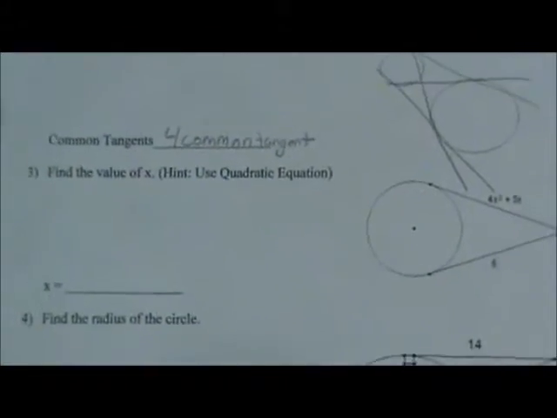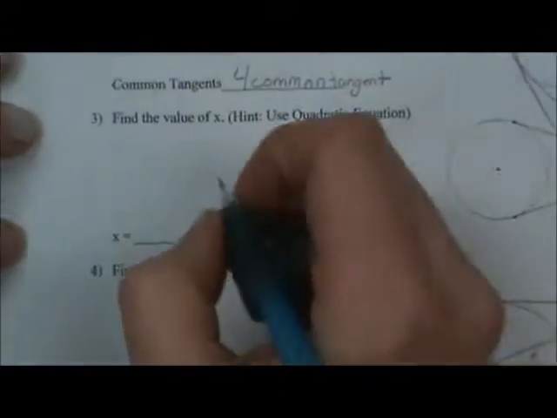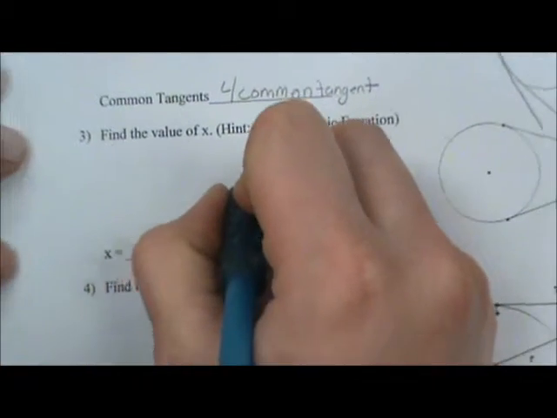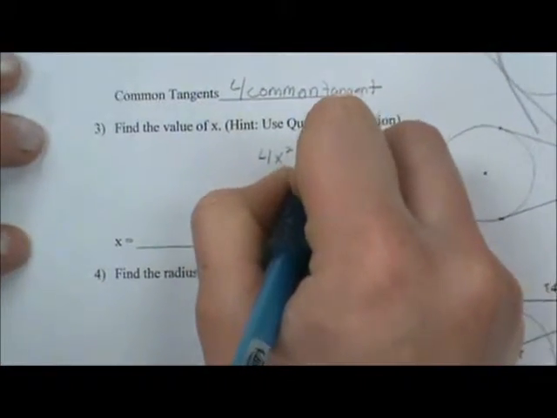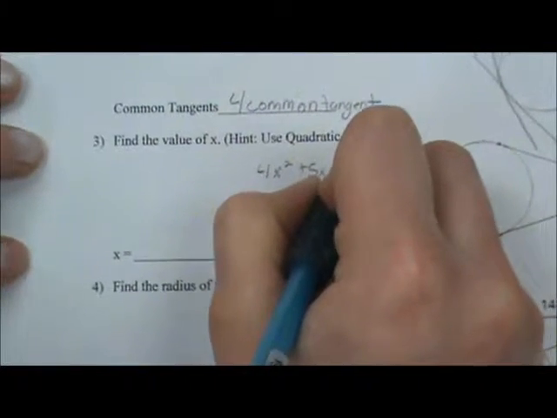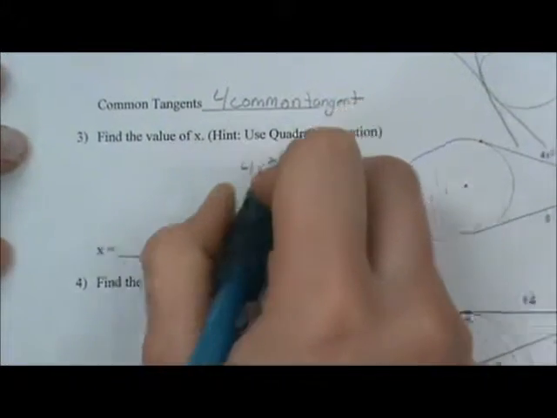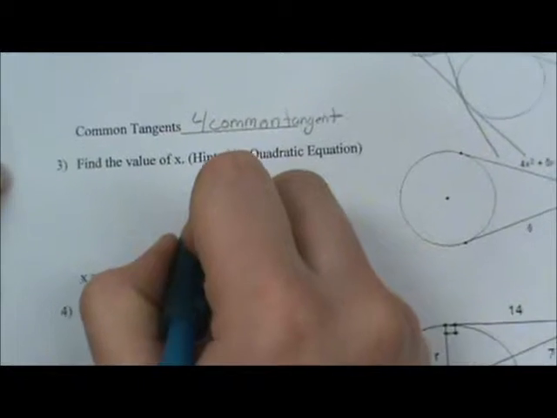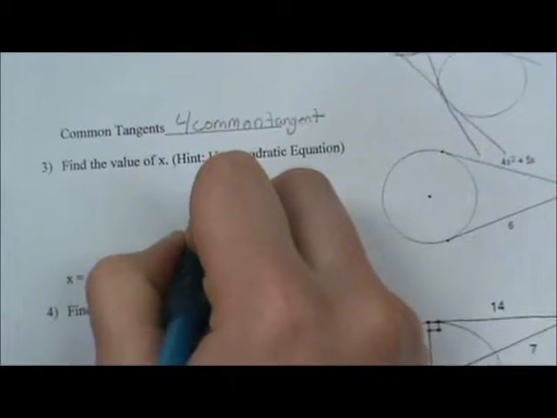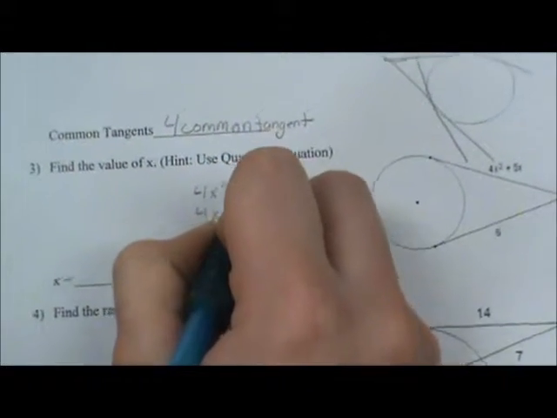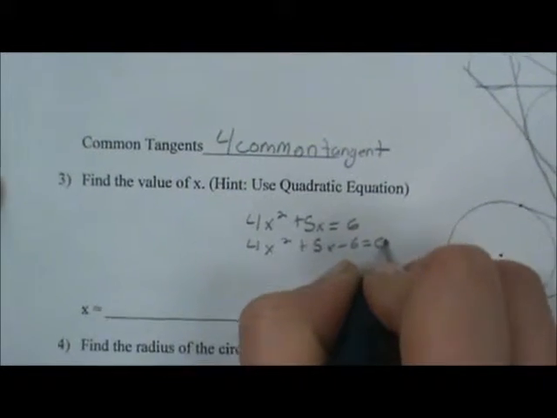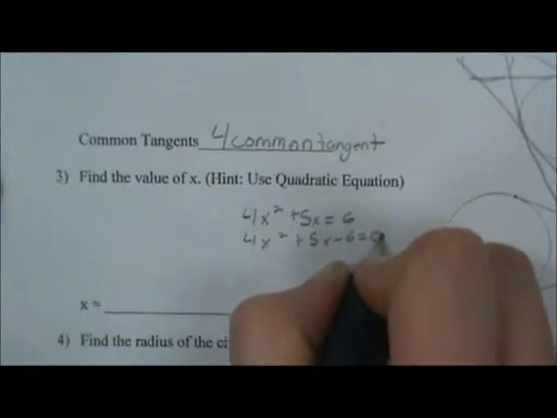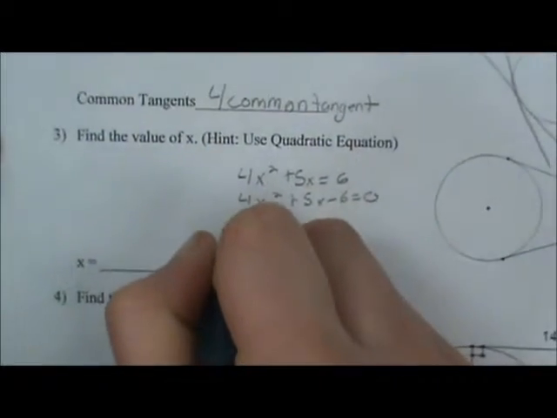And for number 3, first of all, we know that tangent lines are congruent, so we can state that 4x squared plus 5x is going to equal 6. And then we will use the quadratic formula to solve, which to do that, we have to set everything equal to 0, so it's going to be 4x squared plus 5x minus 6 equals 0.